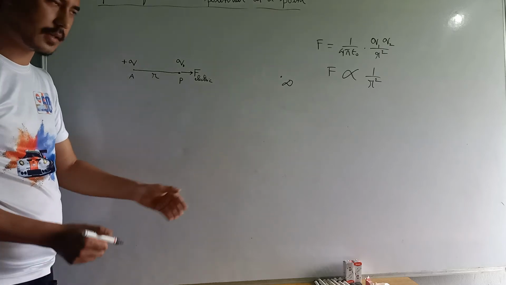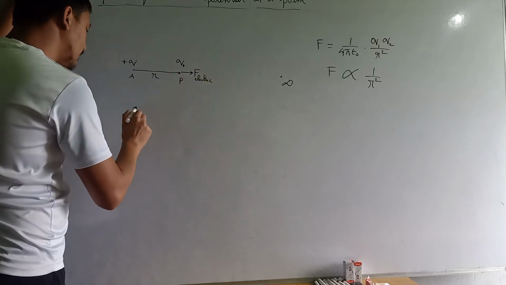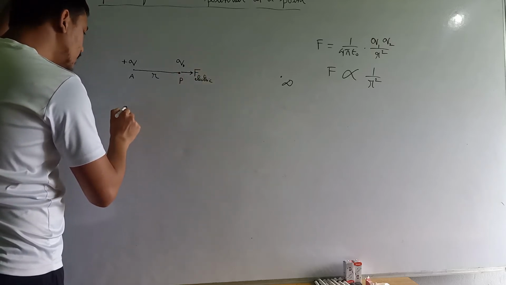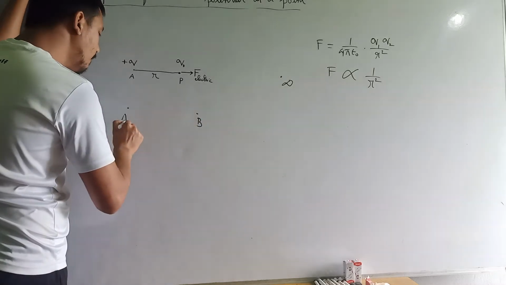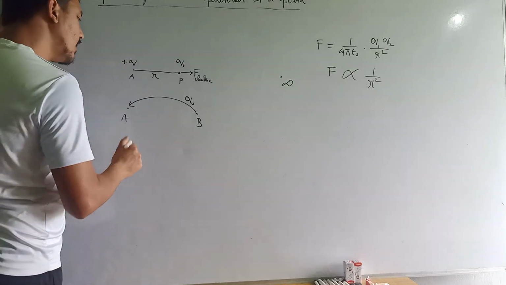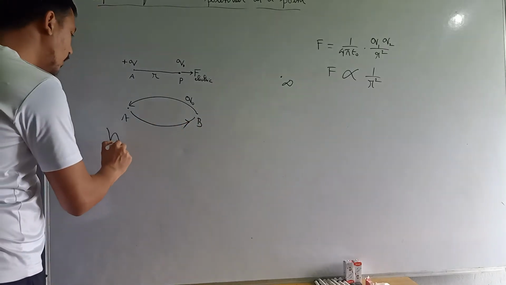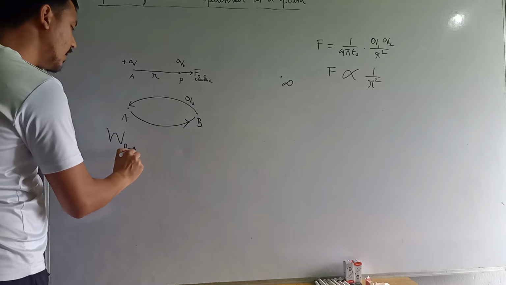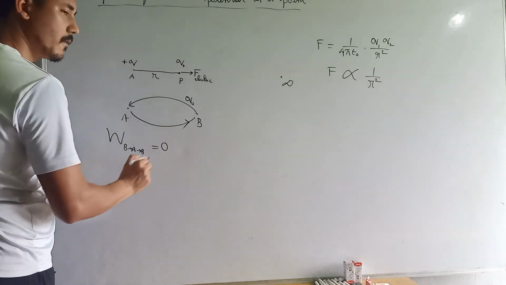What I mean to say is, suppose you take the charge from B to A, and you take it from A to B again. Then the work done in bringing from B to A and then A to B will be 0.